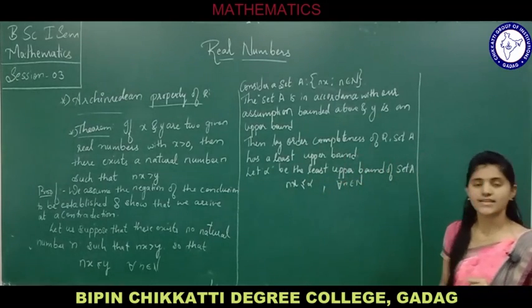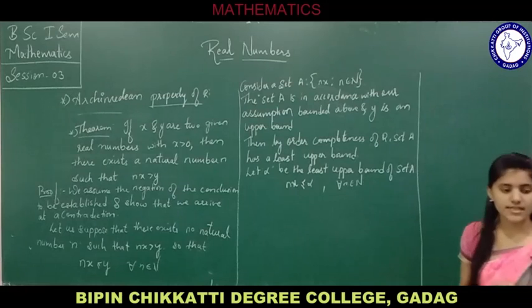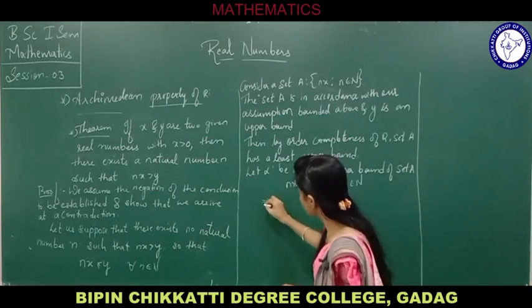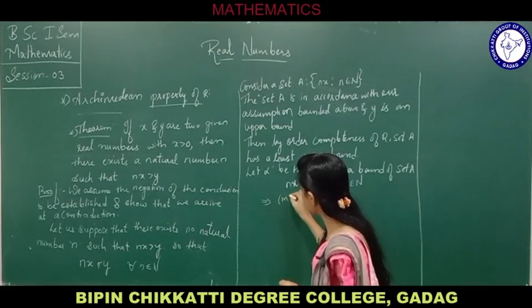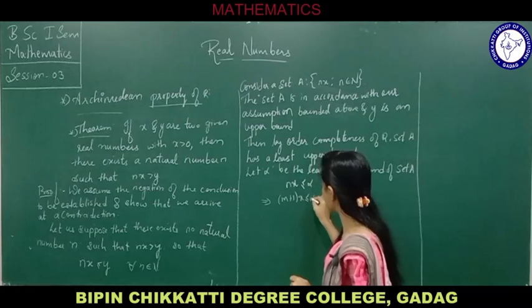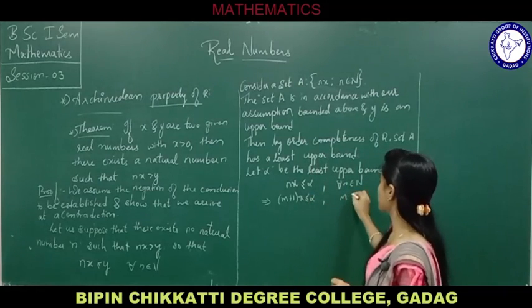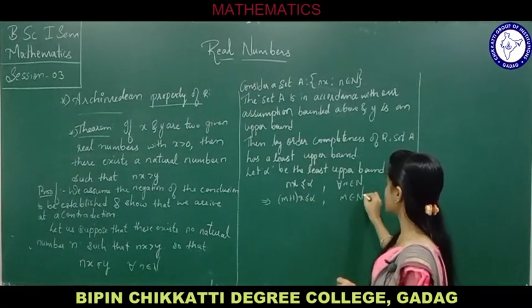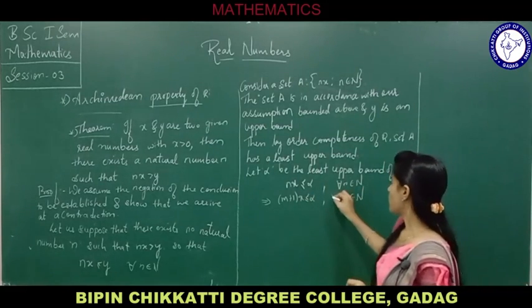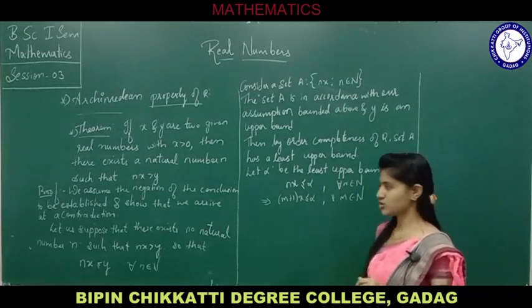This implies m plus 1 into x is less than or equal to alpha, where m also belongs to the natural numbers, that is, for all m belongs to the natural numbers.